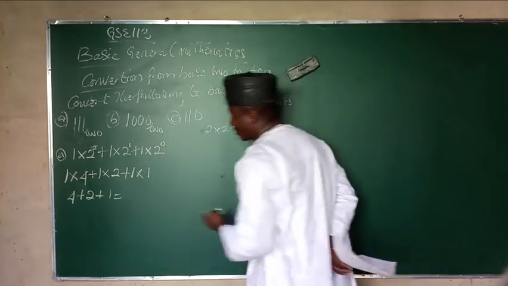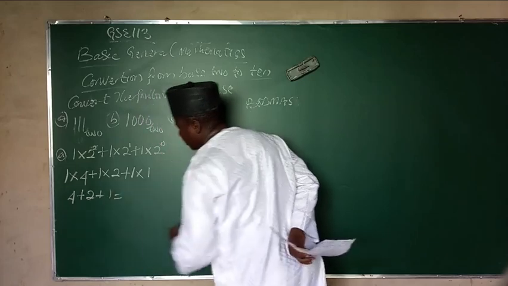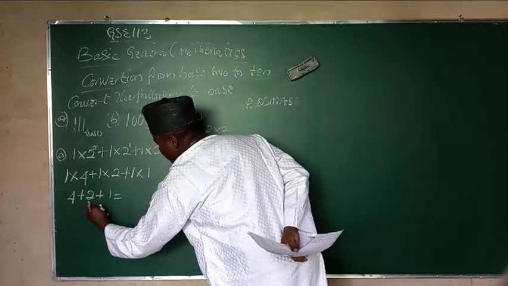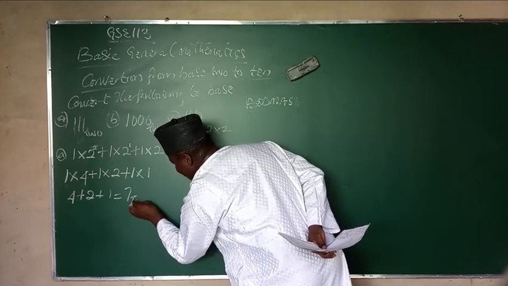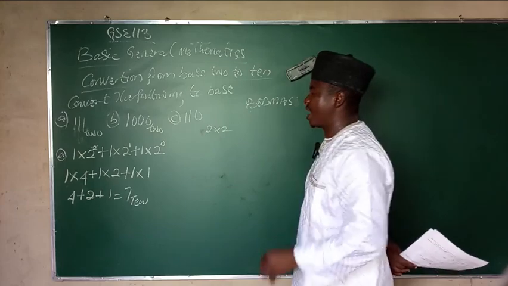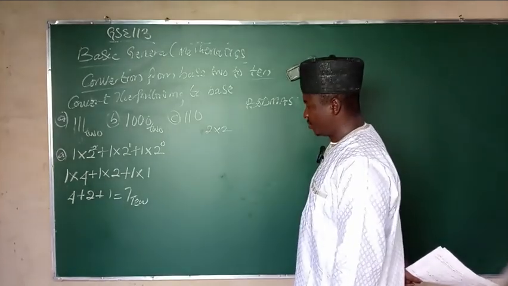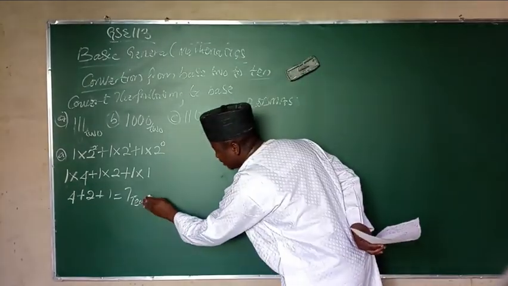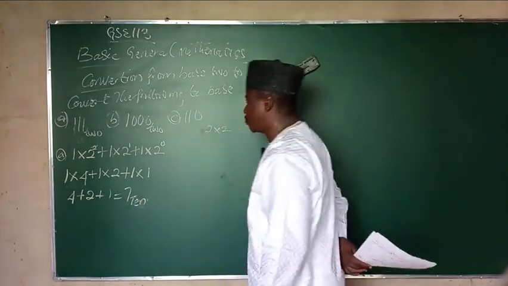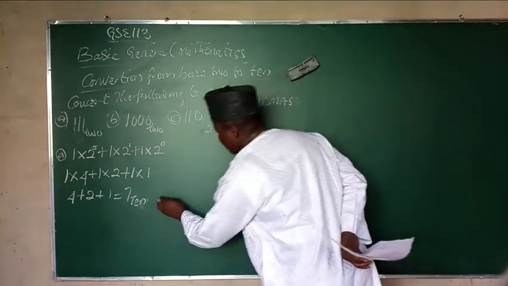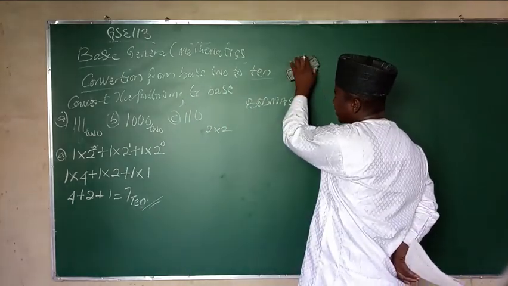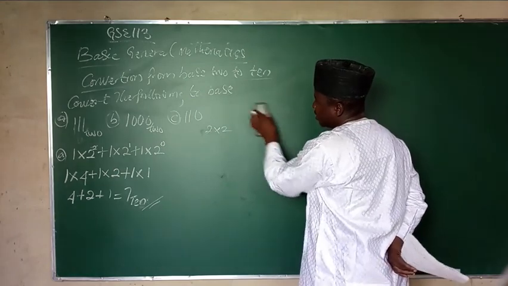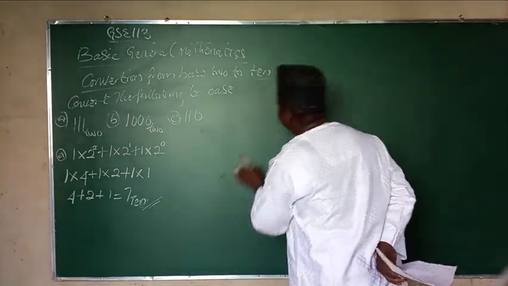Therefore, what is the result? Then we add all this together. 4 plus 2 is 6 plus 1 is 7. Therefore, we have 7 base 10 because we are asked to convert it into base 10. So this is the final answer for question 1A.